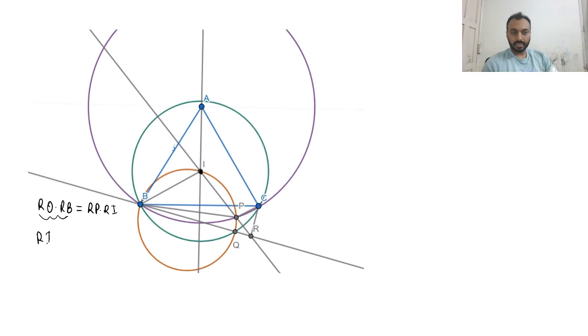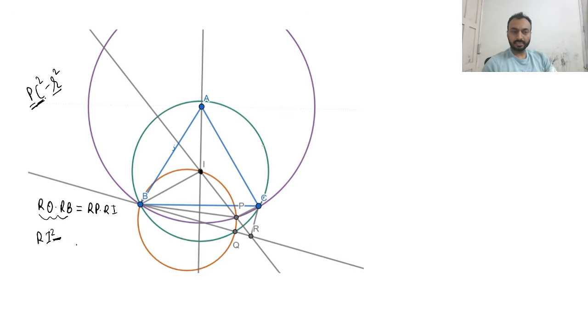So I can say it is RI square minus the radius of this green circle squared, because we know the power of a point is like, if we have a point P, then its power with respect to any circle is PC square minus R square, where C is the center of the circle. So in this case, for the green circle, the center is I, so RI square minus its radius square.